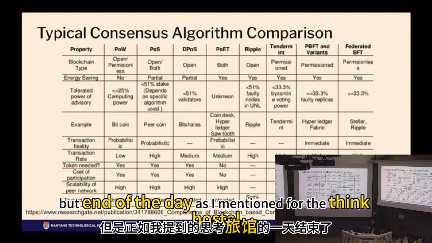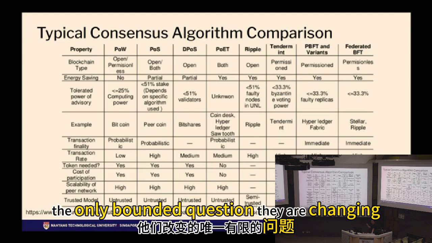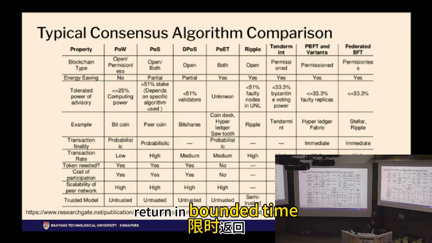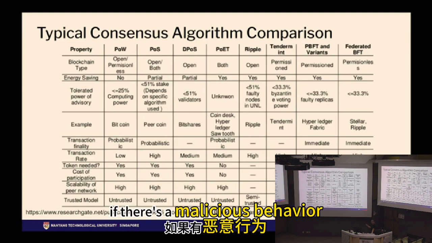But at the end of the day, as I mentioned, for Sync HotStuff, the only bounded requirement they are changing is that the leader has to return in bounded time if there's malicious behavior.